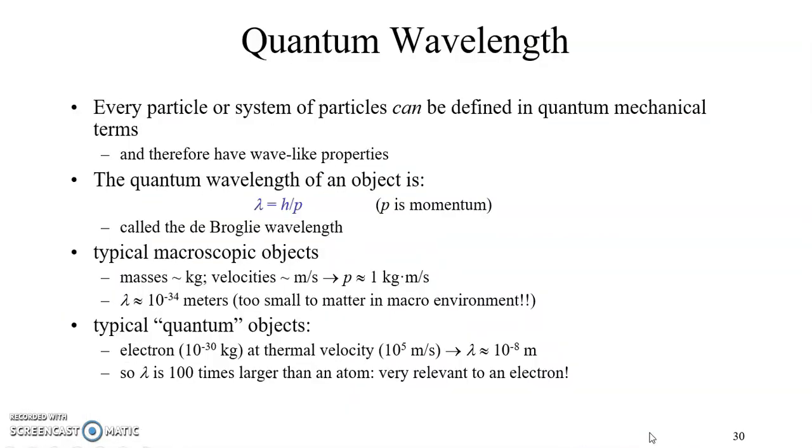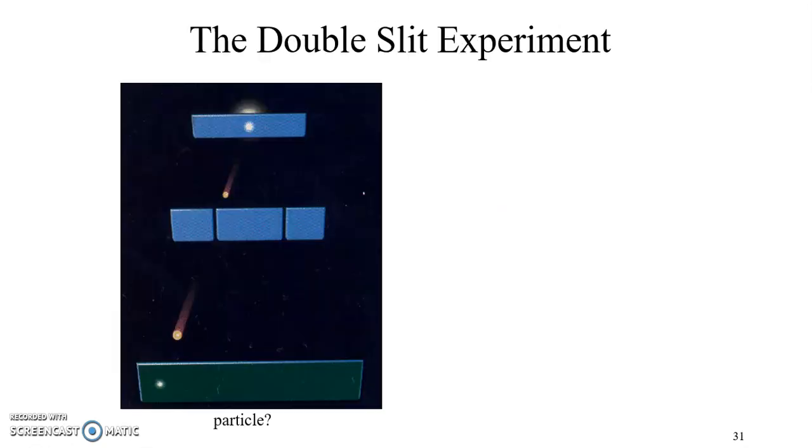So I already covered all the quantum here. For a typical quantum object, the electron is very, very small. That's why we are not able to use classical mechanics to explain quantum behavior. So here is a double slit experiment.